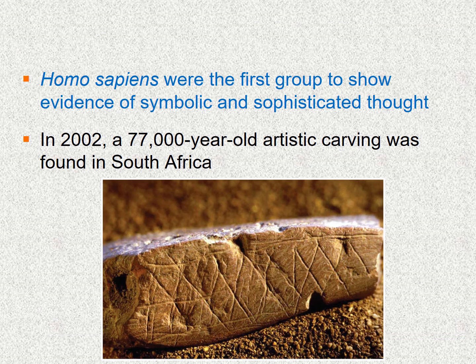So new species are found all the time. It's thought that Homo sapiens were the first group to show evidence of symbolic and sophisticated thought. So you can see here something found in 2002. It's actually an artistic carving, and it was found in South Africa.